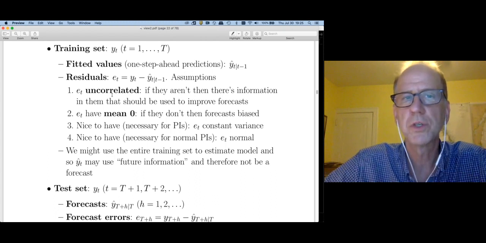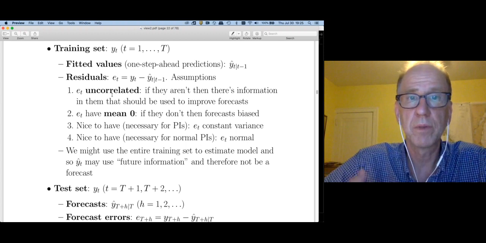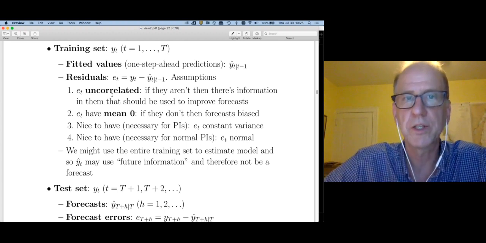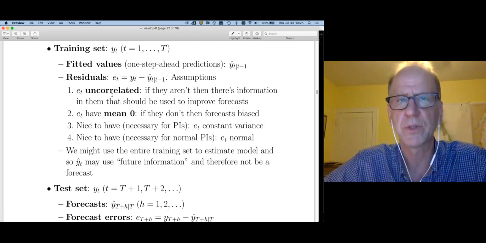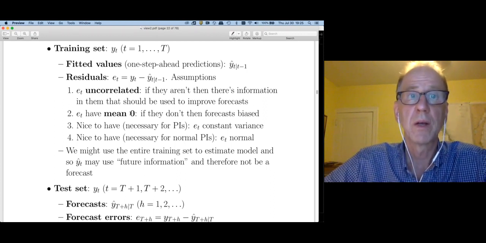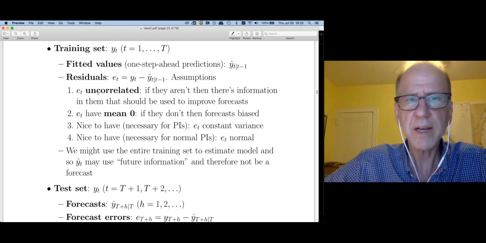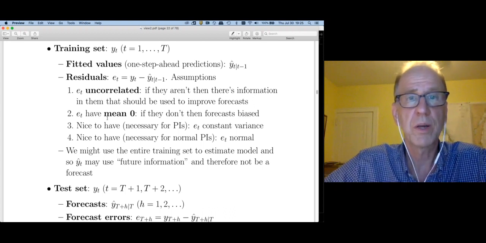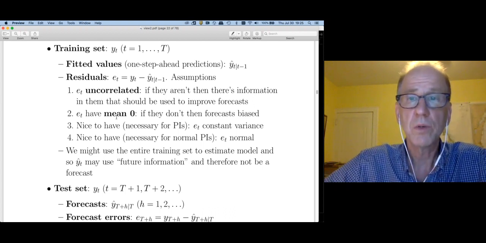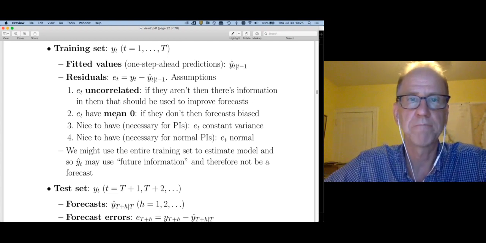We could build a better model by taking care of that correlation structure. If we could model that explicitly, we'd actually get better forecasts. So for that reason, we'd like for these to be uncorrelated. A second strong assumption is that these residuals should have mean 0. If they don't, then your forecasts are biased, and you've got some work to do on your model.